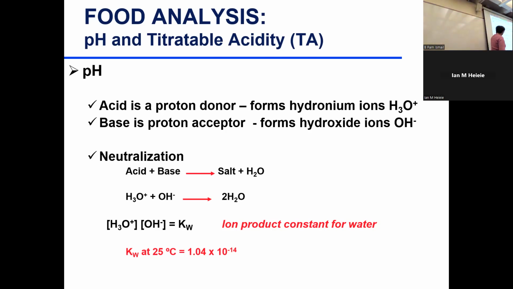So this constant is always the same regardless of the pH. The concentration of hydronium ion times the concentration of hydroxyl ion is always 1 times 10 to the negative 14 at 25 degrees C. So this is the range of the pH from 1 to 14.